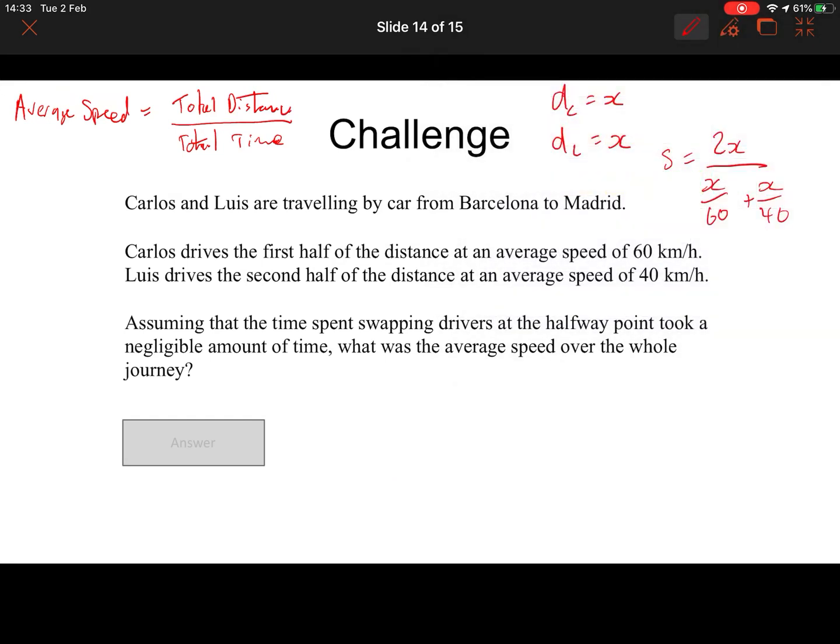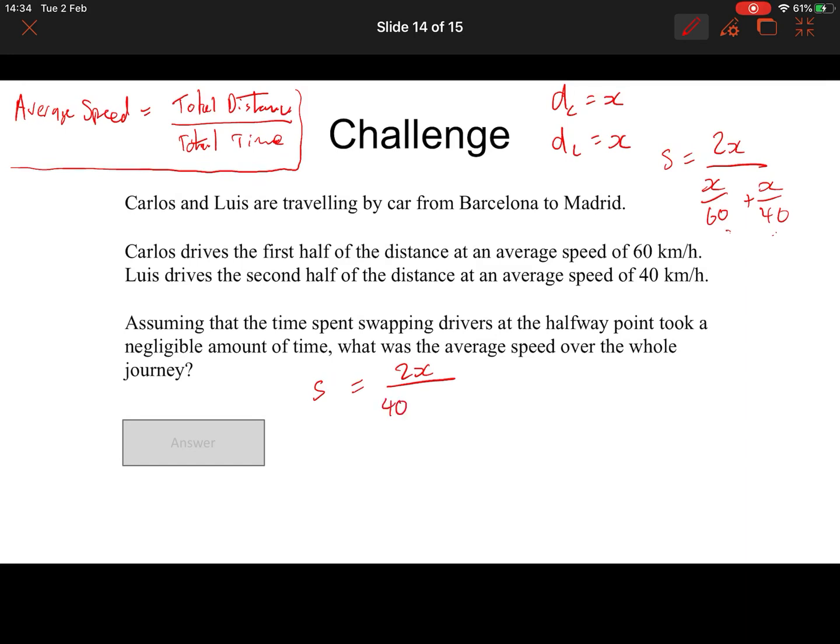Go back in the video if you're not sure where this came from. It's just because I let x be the distance that one drives, that's half the distance, so the combined distance is 2x, and these are the times added together for total time. So that is basically the application of this formula, total distance divided by total time.